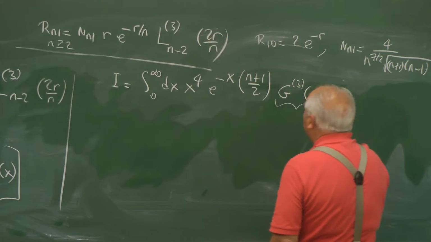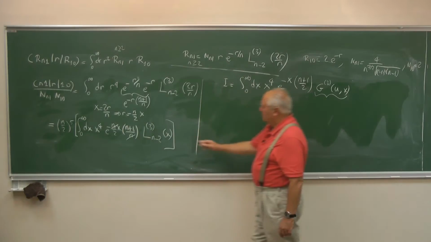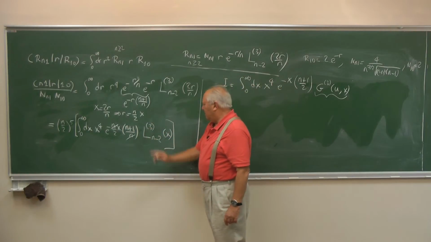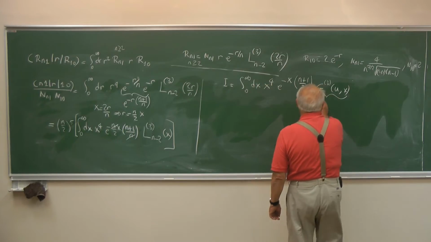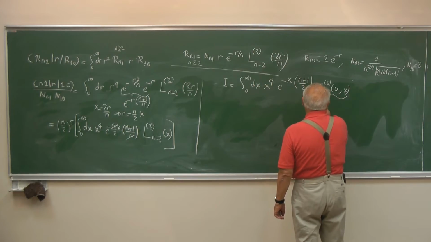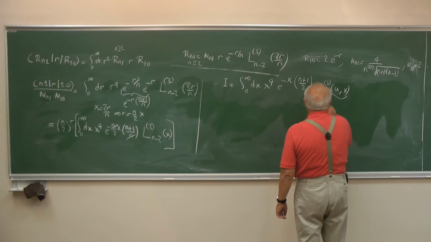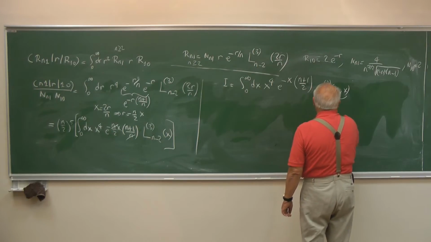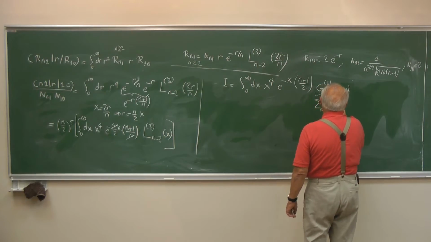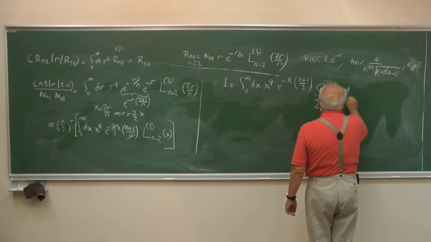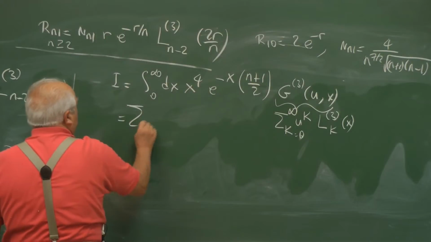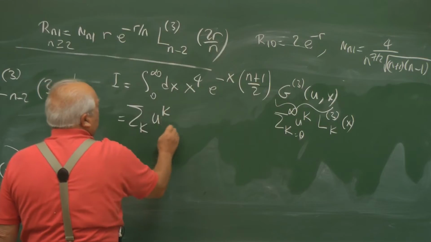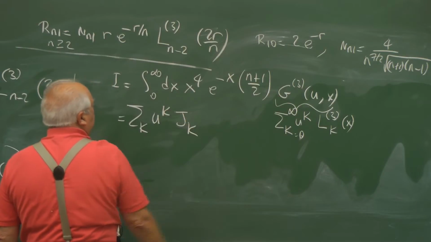This generates all the associated Laguerre polynomials L upstairs 3. What is that? This is equal to the sum over k from 0 to infinity of u to the k L3 k of x.